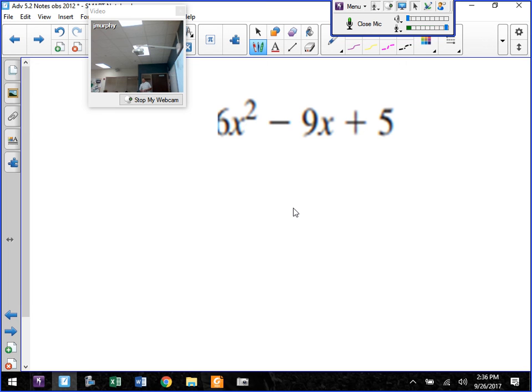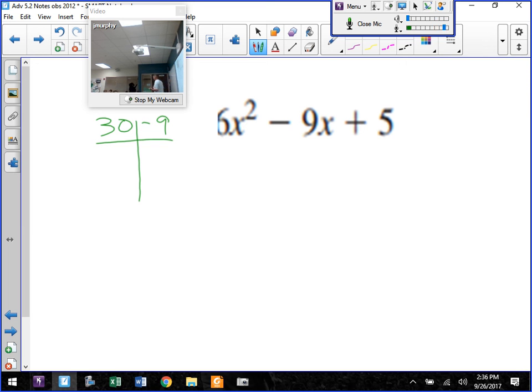All right. 6x squared minus 9x plus 5. Now let's see if we can factor it. We get 6x squared minus 9x plus 5, which means we're going to ask the question, what times what is positive 30 and adds together to get negative 9?